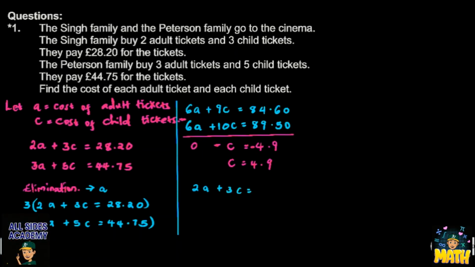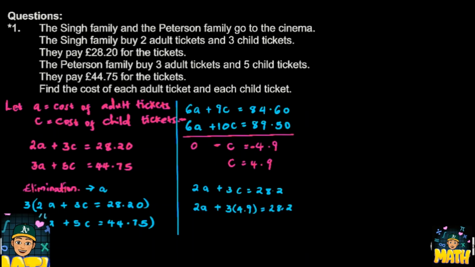So I use the first equation to solve for the A. I'm going to substitute the value of C in the first equation. That's what I'm going to do for me to be able to solve the value of A. So when I do that, I remain with 2A plus, when you multiply these two, you get 14.7 equals 28.2.